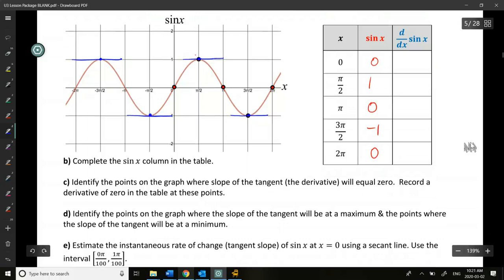So at least on our graph, we can see that these are the x values where the tangents have slopes of 0. Okay, and then we could continue the pattern to 5 pi over 2, 7 pi over 2, and so on.